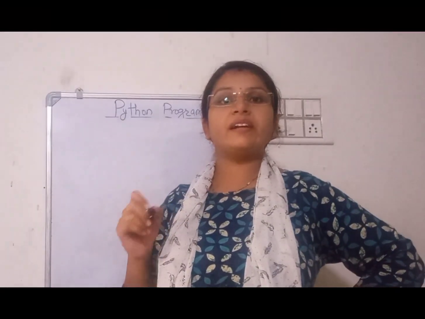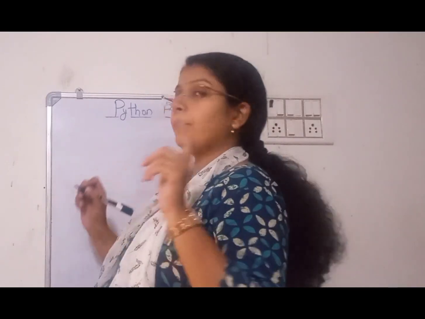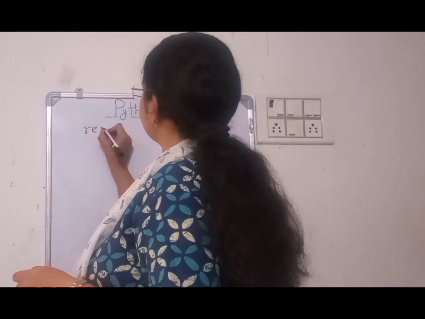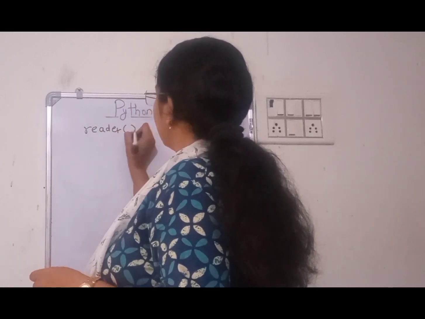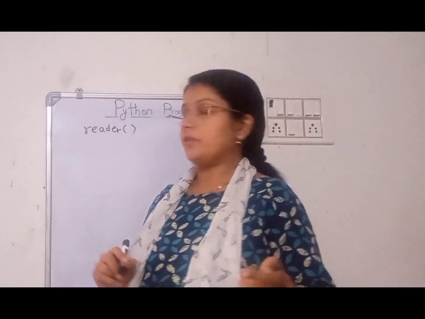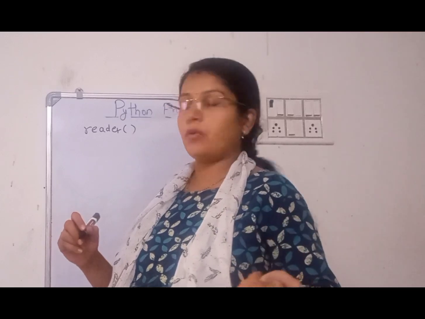Now how to create the reader object? You need to create the reader object first. The method is csv.reader. This is the method to create the reader object. And how do we call it? Because calling is very important.